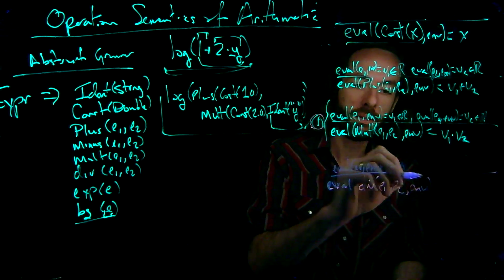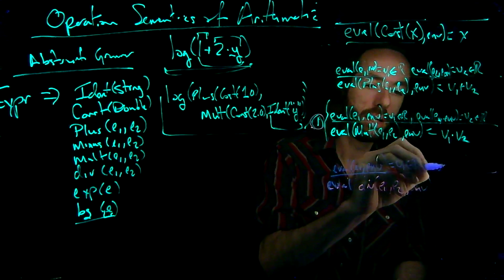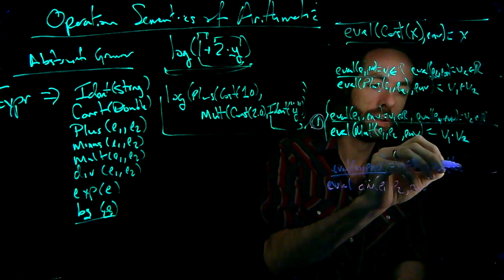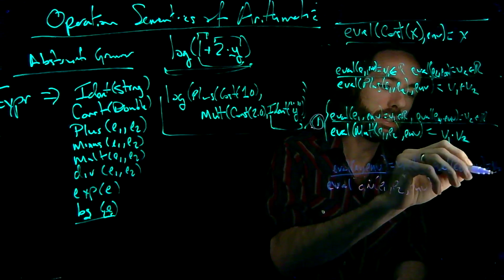And that should be v1, a number. And we should also evaluate e2 under the environment, and that's v2.